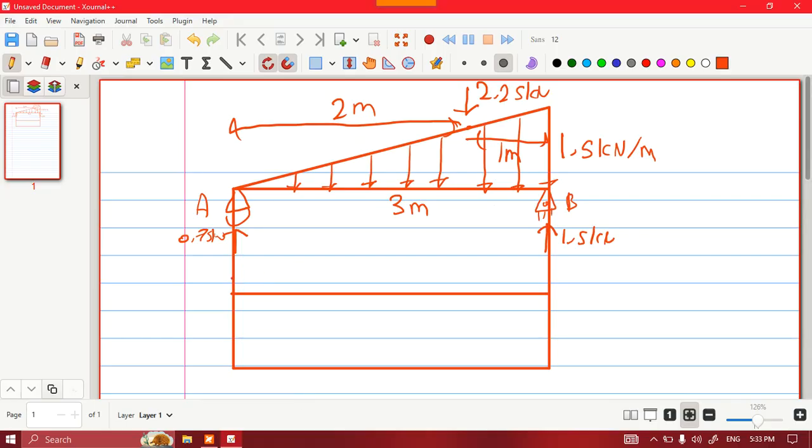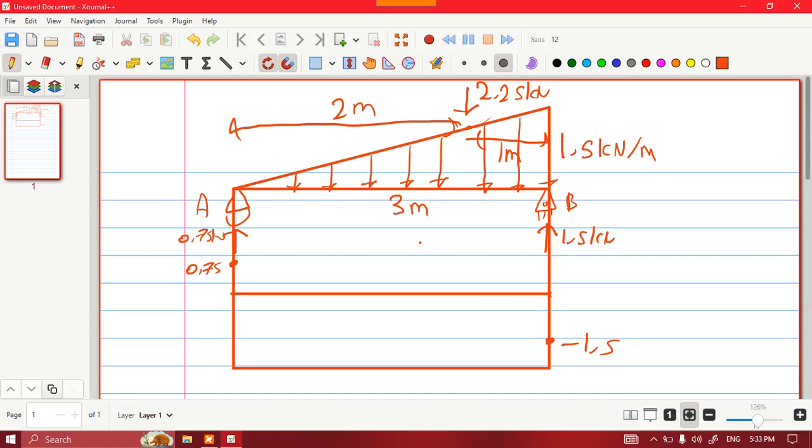I'm going to go up 0.75 because it's positive. The shear here is 0.75, and I'm going to go minus 2.25, the total load. I end up here at minus 1.5, and plus 1.5, I go back to 0.